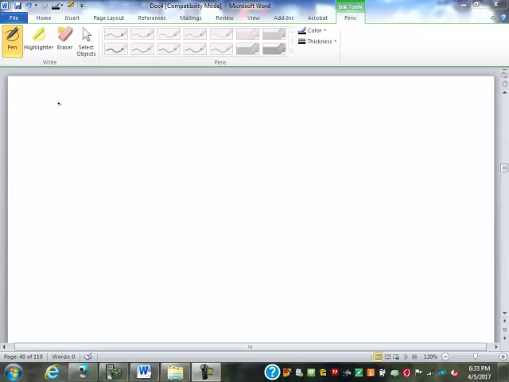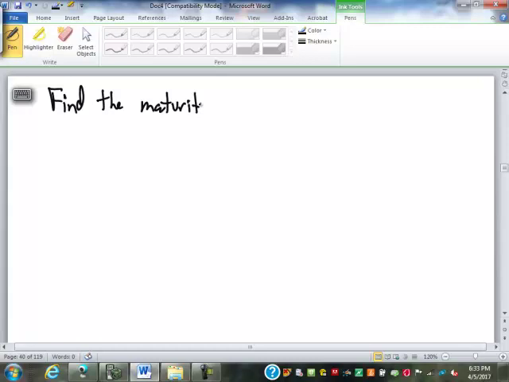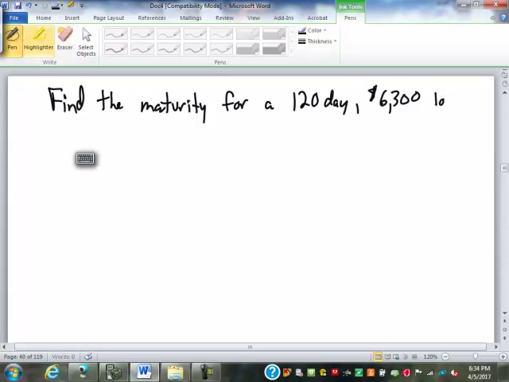So we're looking at that exact versus ordinary interest. So let's do some examples here. So we're going to find the maturity value for a 120-day $6,300 loan at 7.3% exact interest.